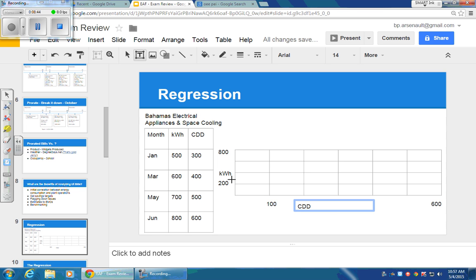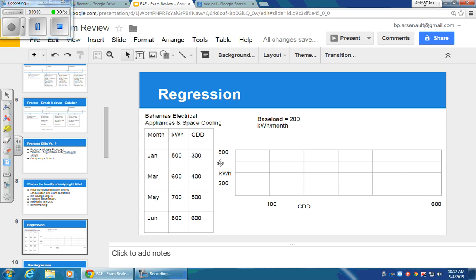Text box. So right again, base load here. So 200 kilowatt hours per month of the base load.